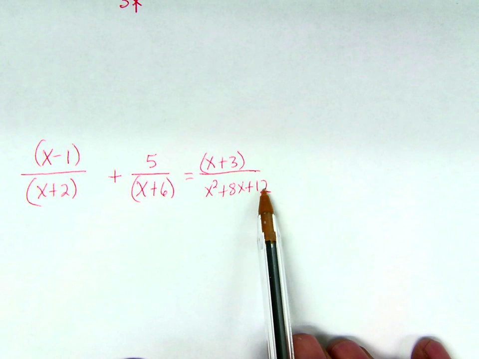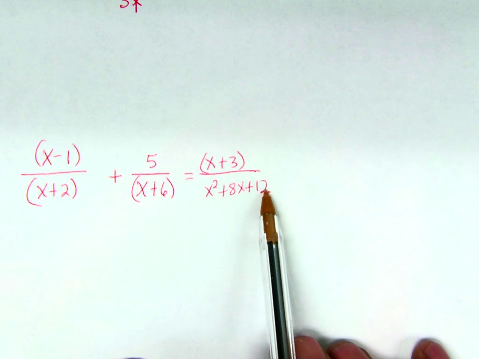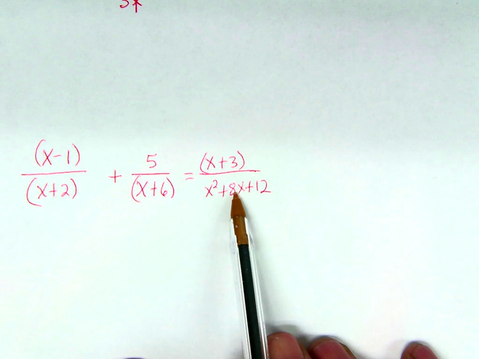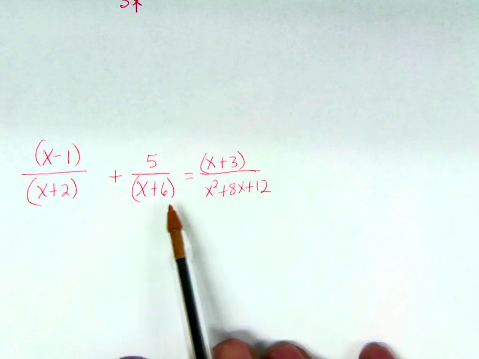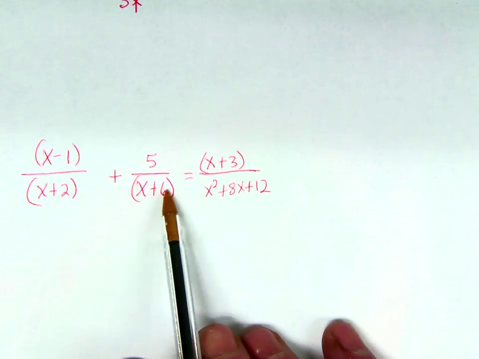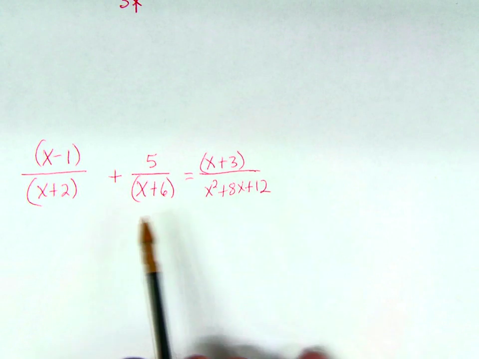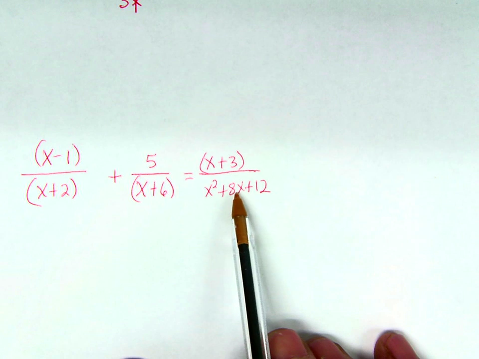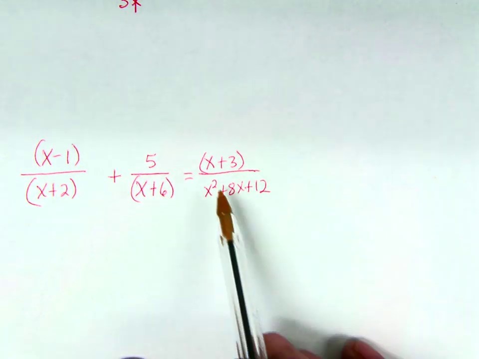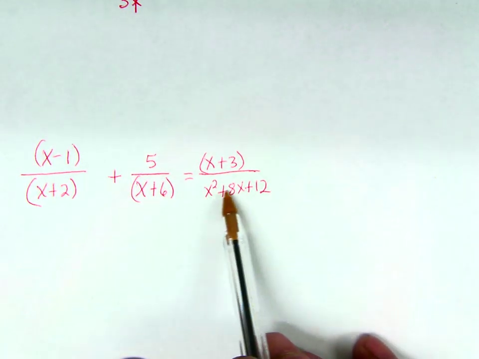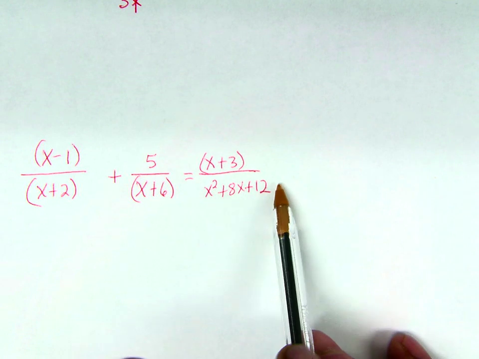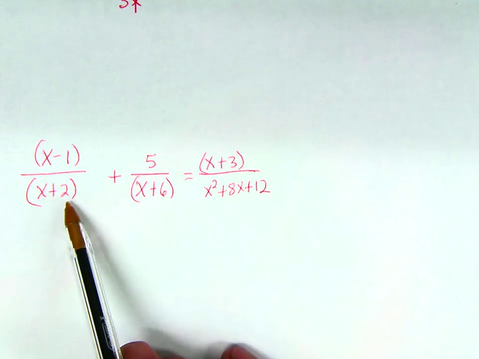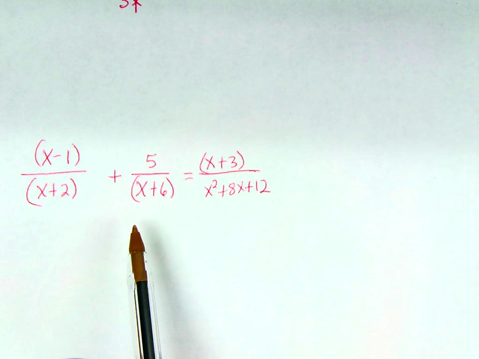Two numbers that you can multiply together to get 12, but when you add them together you get 8. 2 times 6 is 12. 2 plus 6 is 8. So this quadratic right here must factor into x plus 2 times x plus 6.